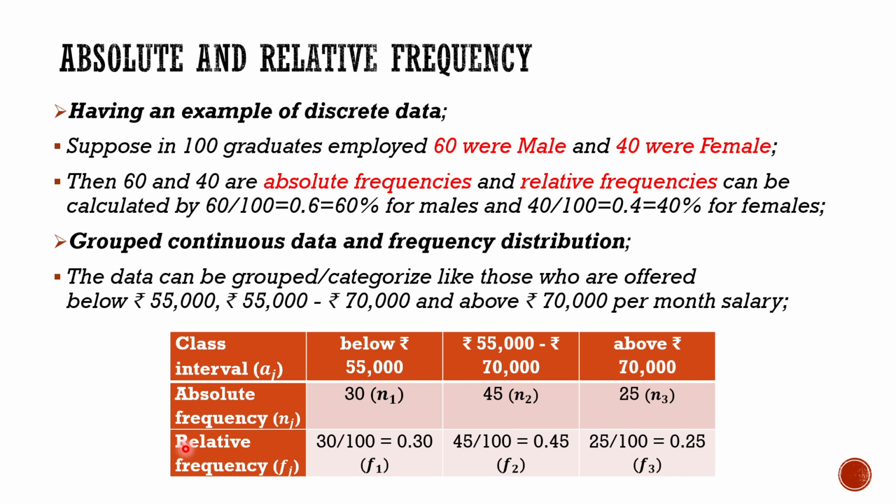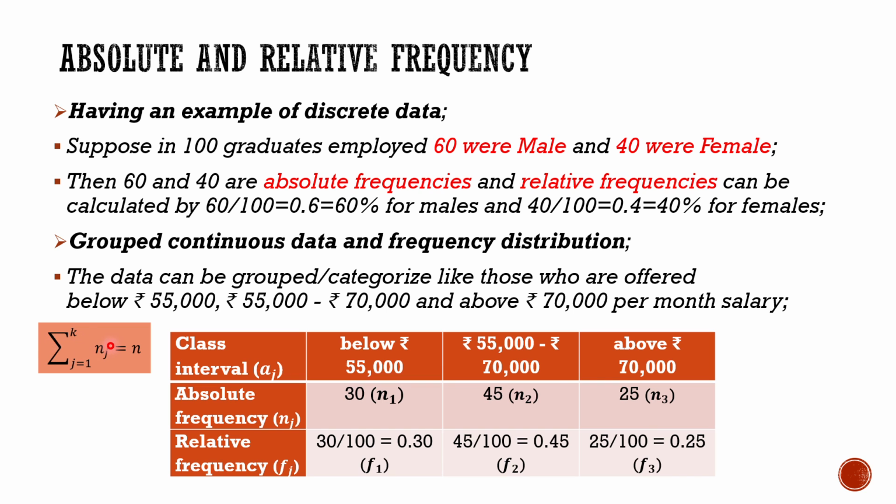Now how will we calculate relative frequency? We'll calculate relative frequency by using the absolute frequency of a particular class, dividing it by the total sample, that is n. And how do we get n? We get n by adding the absolute frequencies of each class, meaning n1, n2 and n3. So we'll add up n1, n2 and n3 and we'll get n. This is how we get n.